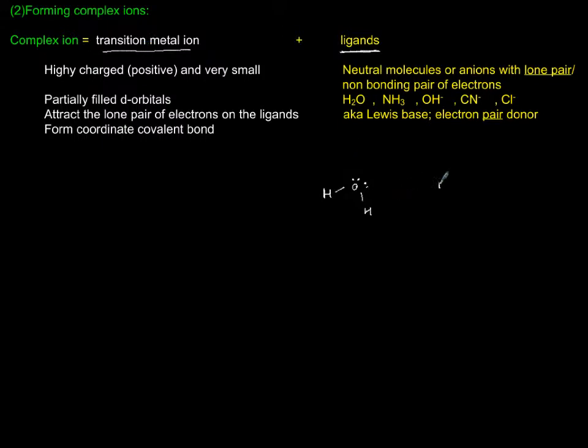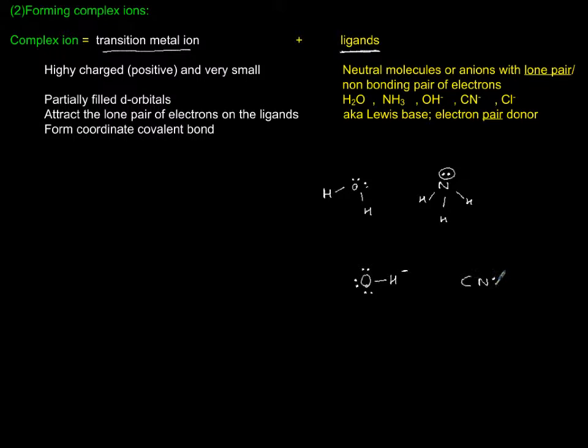If you look at ammonia, on the other hand, it has one non-bonded lone pair, and that makes it a ligand. Hydroxide, on the other hand, has possibilities, so it has three sides, and you can see that it has non-bonding pairs here. If you look at cyanide, same thing.